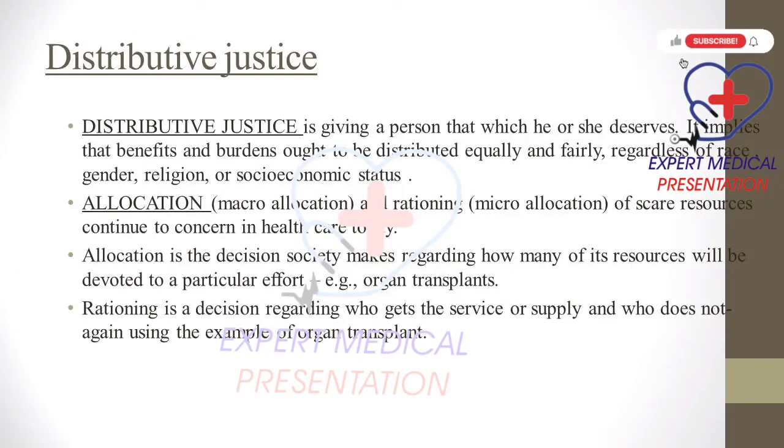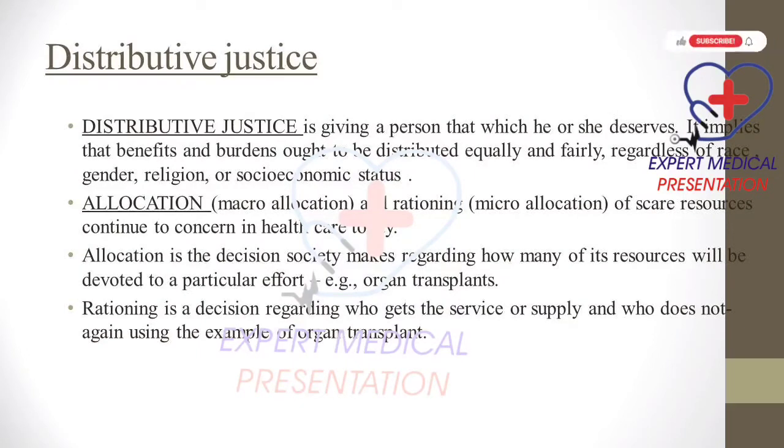Distributive justice. Distributive justice is giving a person that which he or she deserves. It implies that benefits and burdens ought to be distributed equally and fairly, regardless of race, gender, religion, or socioeconomic status. Allocation (macroallocation) and rationing (microallocation) of scarce resources continue to be a concern in healthcare today.